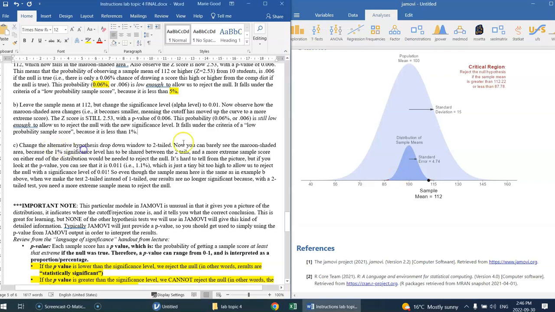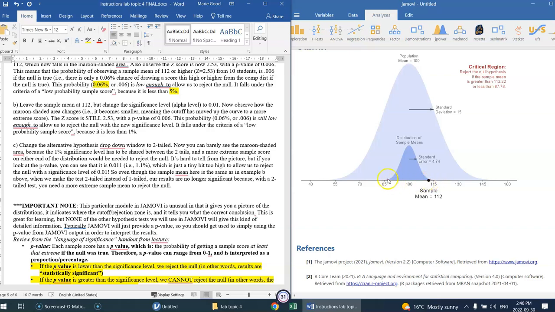And this is because we still have a 1% significance level, and we have to share that 1% significance level between the two tails, okay? So the shaded area here, the maroon shaded area, is just the bottom 0.5% of scores and the top 0.5% of scores.